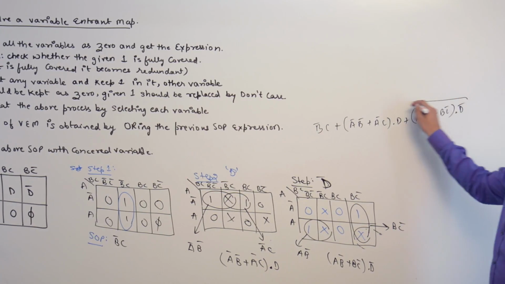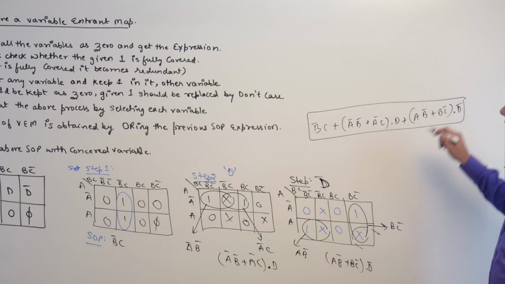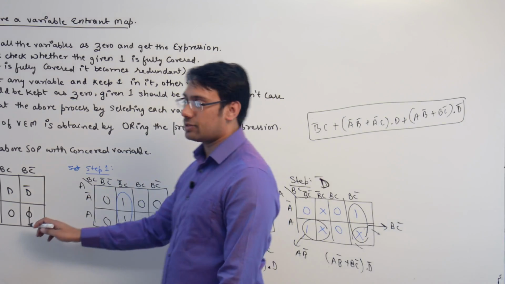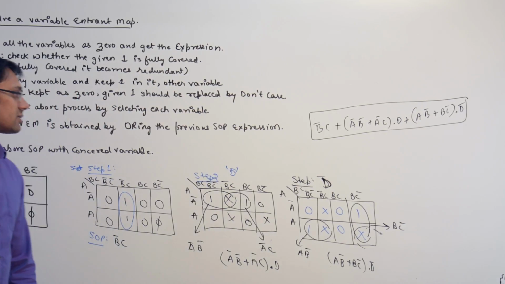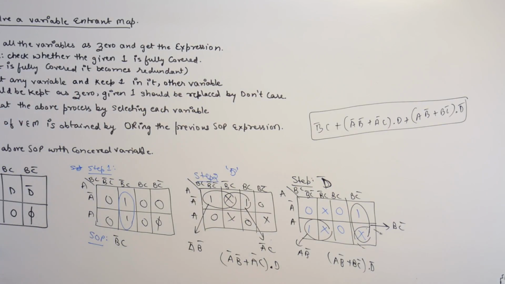Okay, so this is the solution equation for the given variable entrant K-map. Okay, now let us take more examples for variable entrant K-maps.